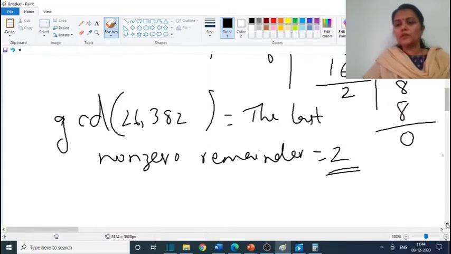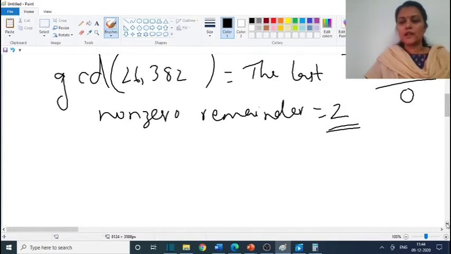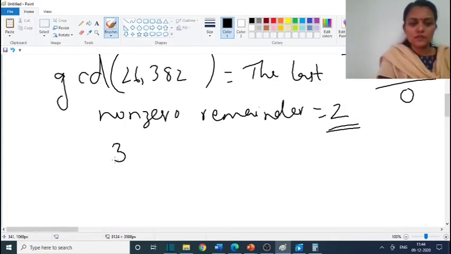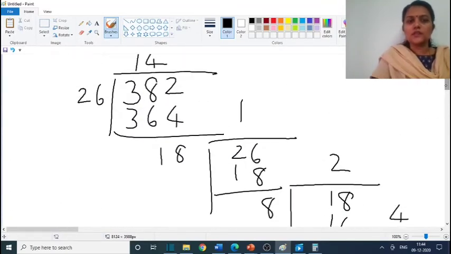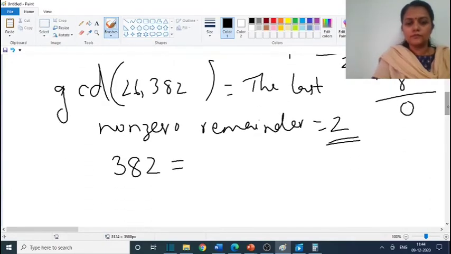Now we have to express 2 as a linear combination of 26 and 382. So from the first step we have 382 is equal to 26 into 14 plus 18.